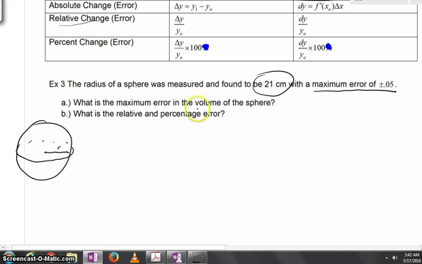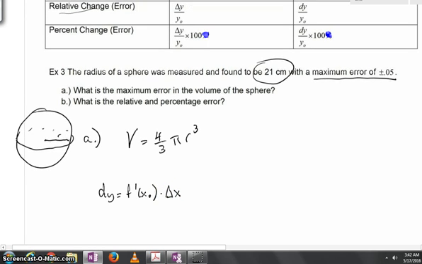First of all, if we're going to talk about volume, the volume of a sphere is 4/3 pi r cubed. And we're going to actually use this idea of dy equals f prime of x naught times delta x.